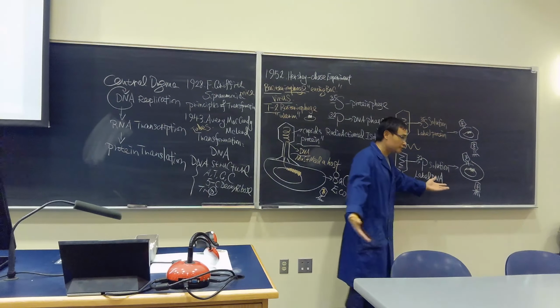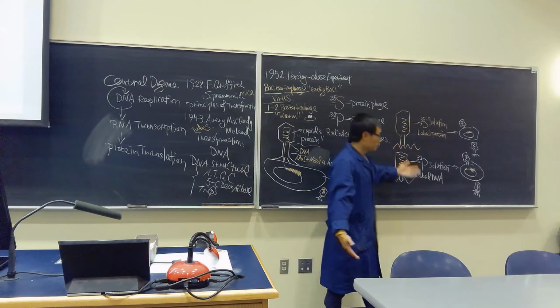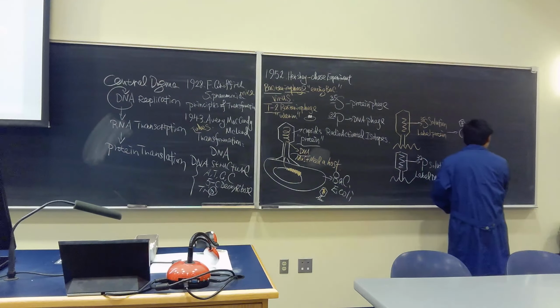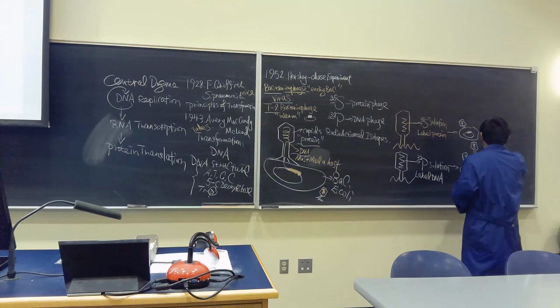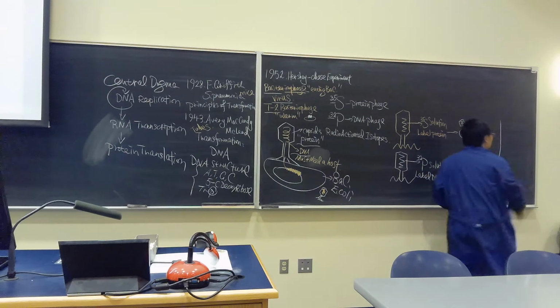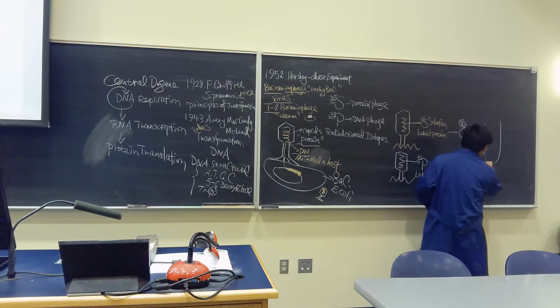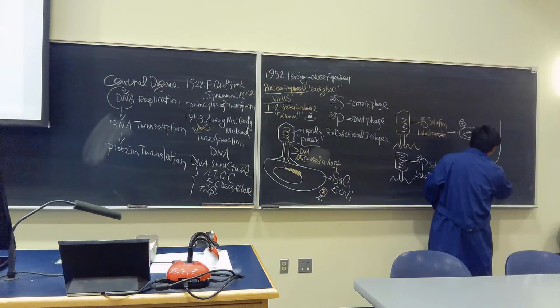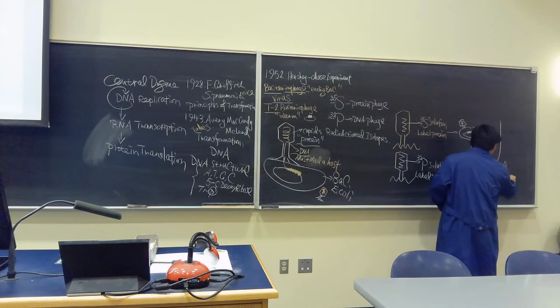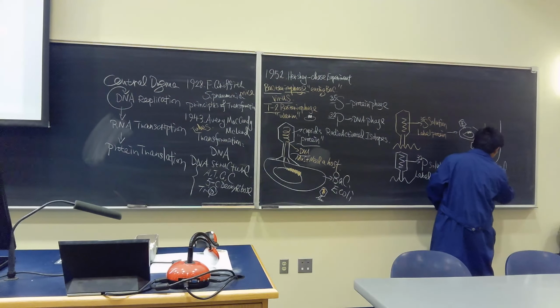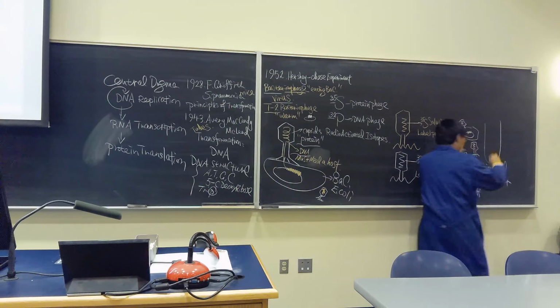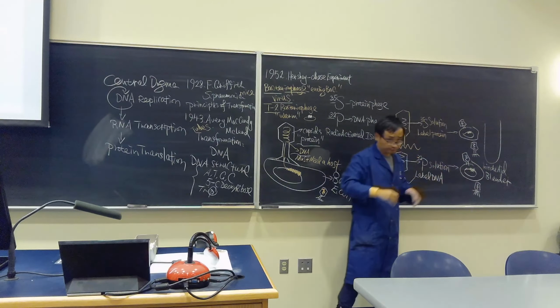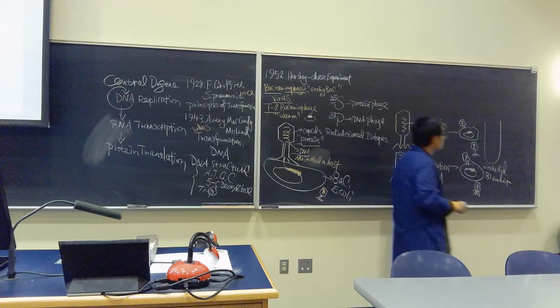But how do we differentiate that? What they do is use a big tube. At the beginning, they use a kitchen aid blender. They blend it, spin it up, and then they do the centrifuge.